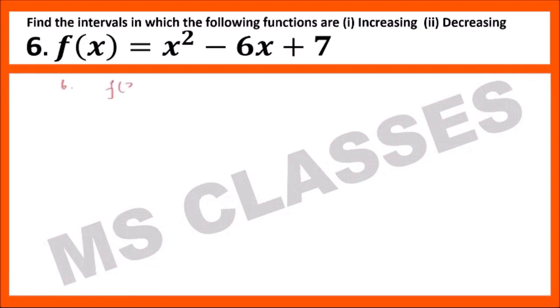Next, f(x) equals x squared minus 6x plus 7, which is a quadratic polynomial.